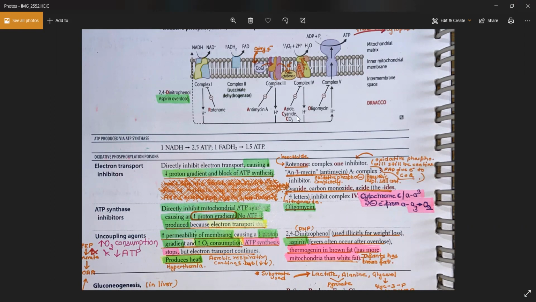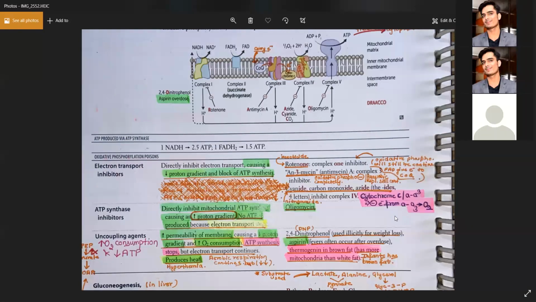And this is not CO2, this is carbon monoxide. Please change it, guys, it is wrong in FA. This is carbon monoxide, not carbon dioxide. So the cyanide and the carbon monoxide will inhibit the transfer of electrons from cytochrome C to AA3. Sorry, from AA3 to the oxygen.